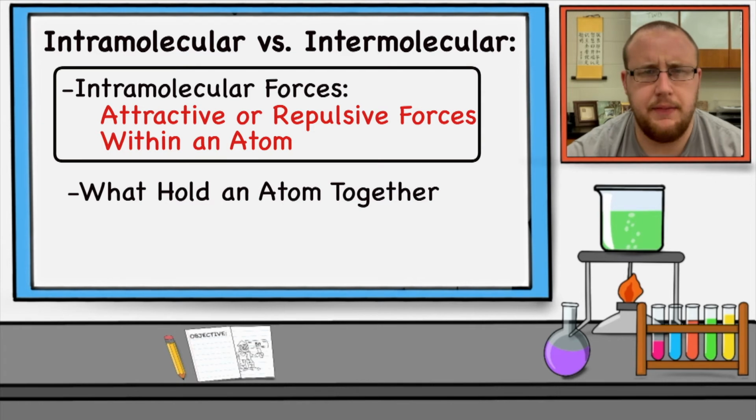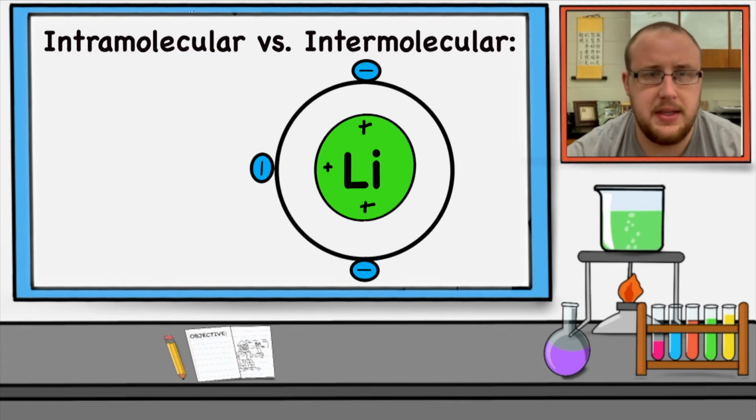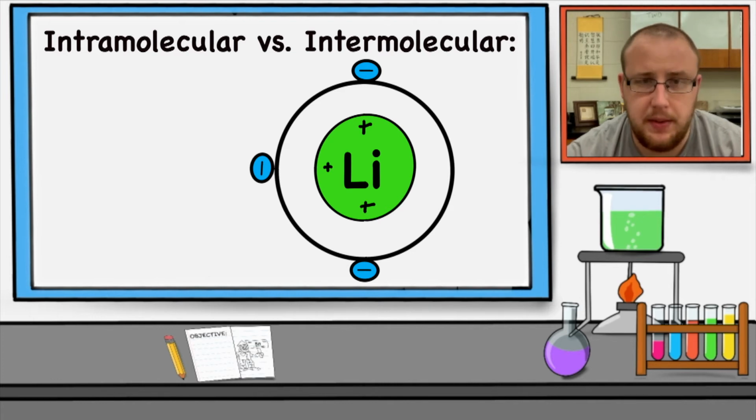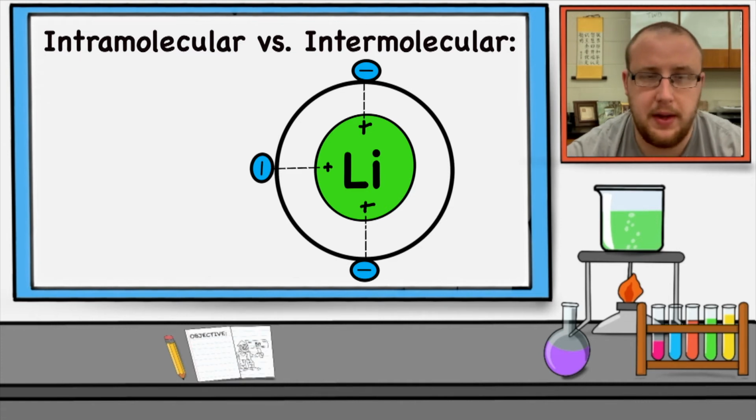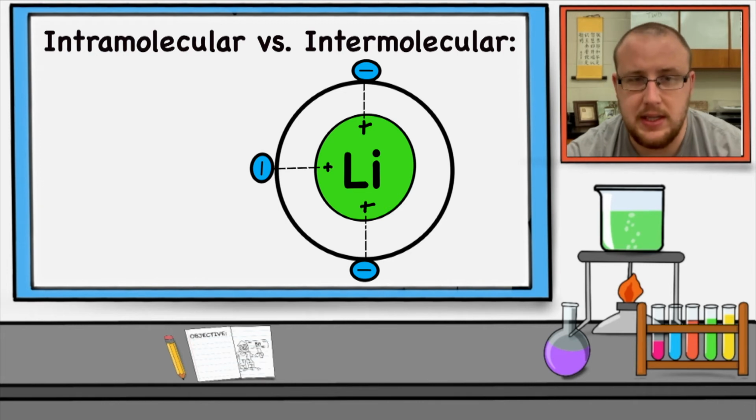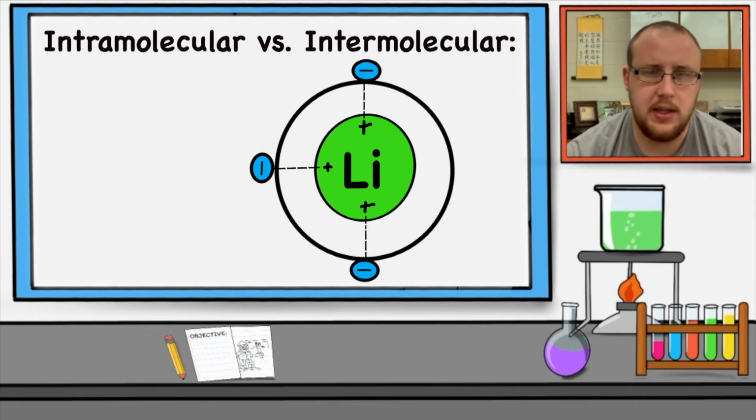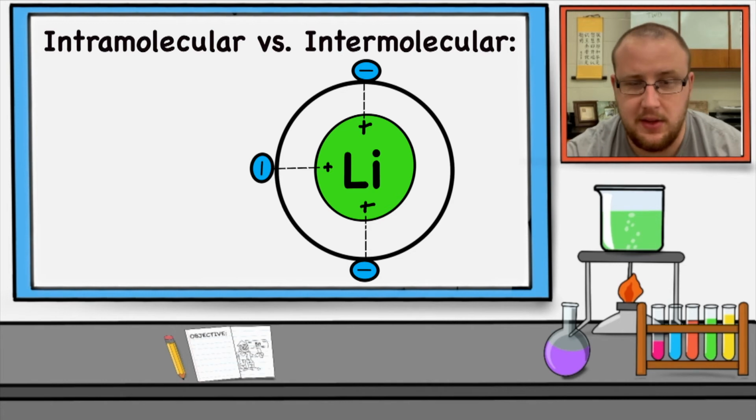So lithium has 3 protons in its nucleus, and that has 3 electrons that orbit around it because it's neutral. So those electrons are attracted to the protons. That's what holds a lithium atom together. That force, that intramolecular force, or the electrostatic forces between the protons and electrons, is what holds this lithium atom together.